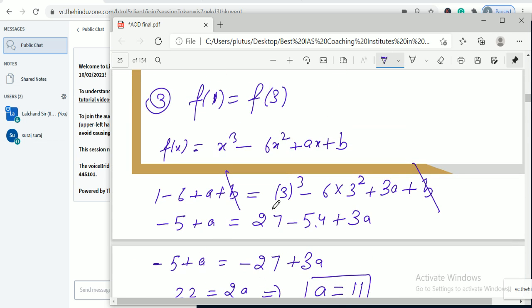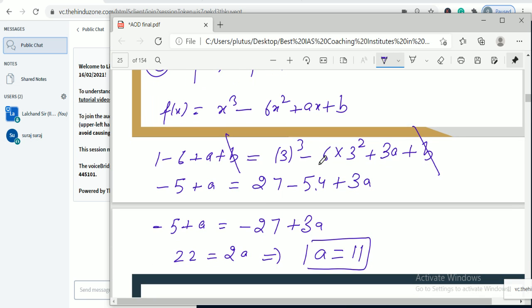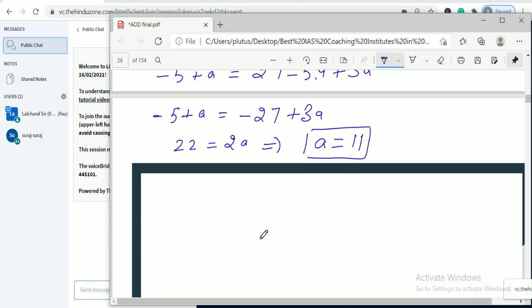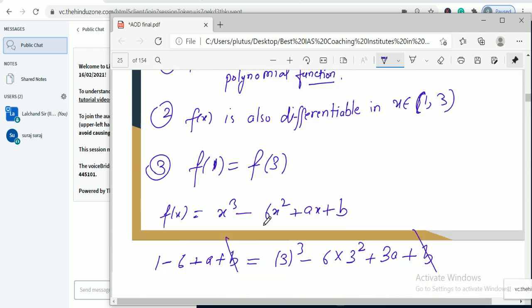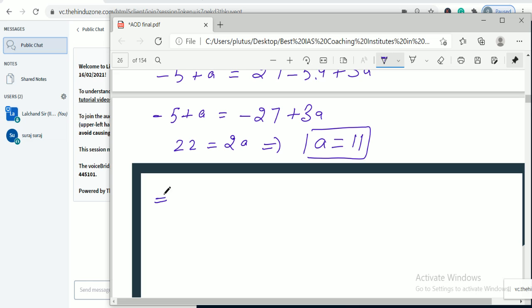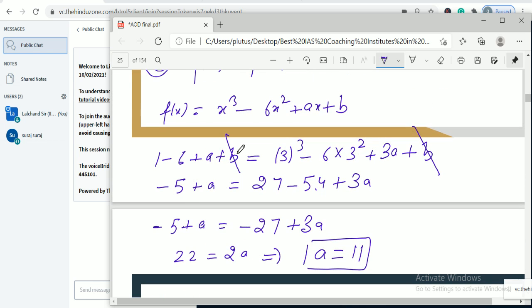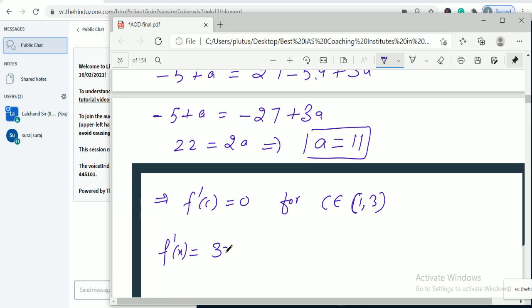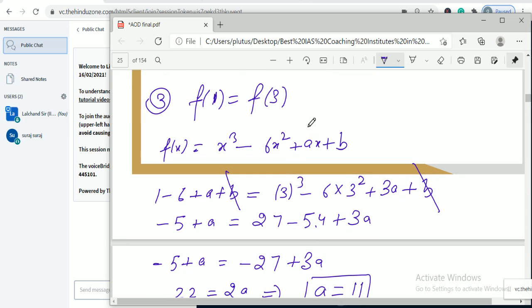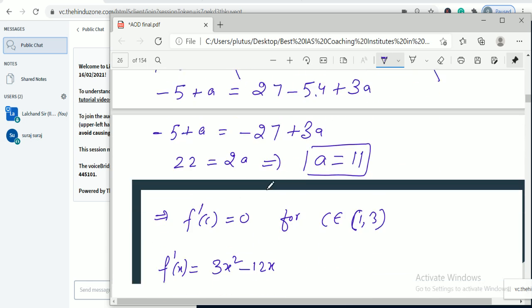So how to find the value of b now? To find out the value of b, we need the condition, that is the implication of Rolle's theorem. That means there is an f dash c equal to 0 for c belongs to 1, 3. Isn't it? So what is the value of f dash x? f dash x will be, what is the differentiation of this? 3x square minus 12x plus a.